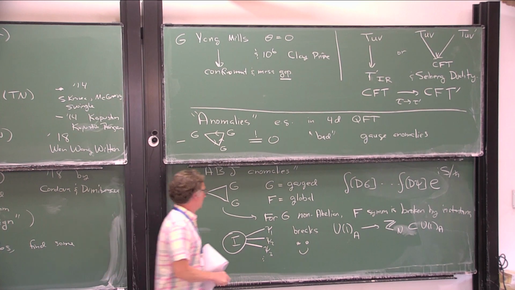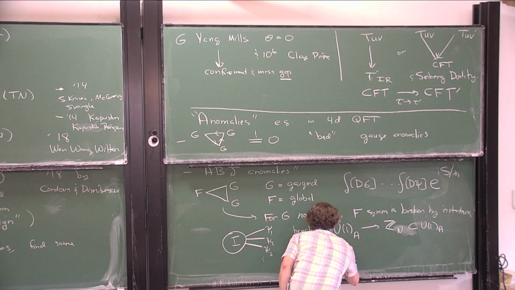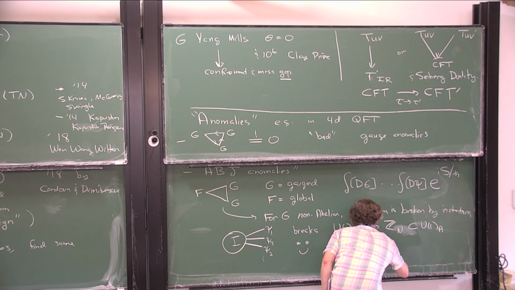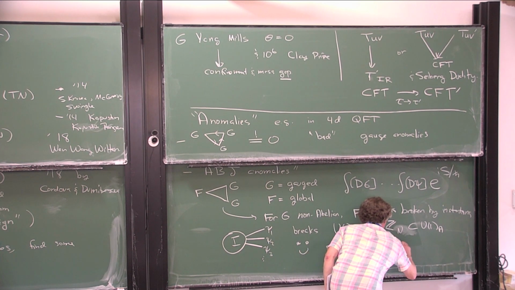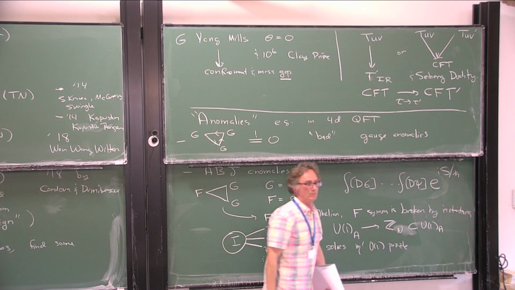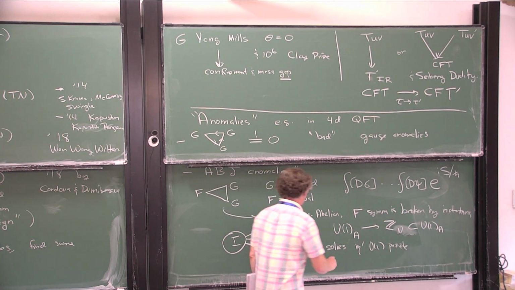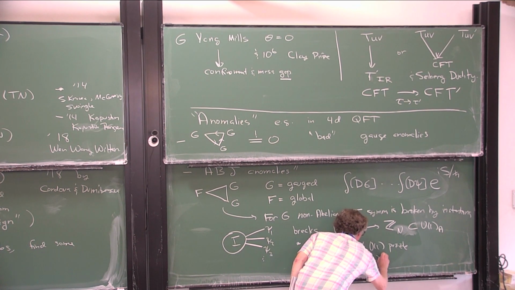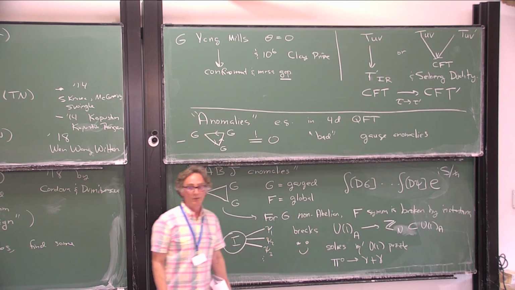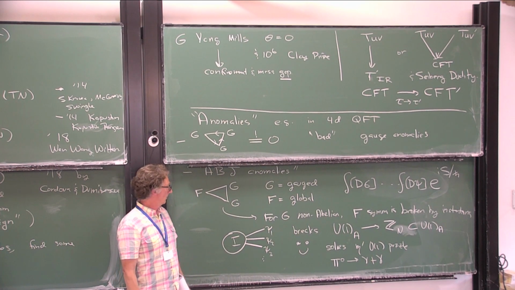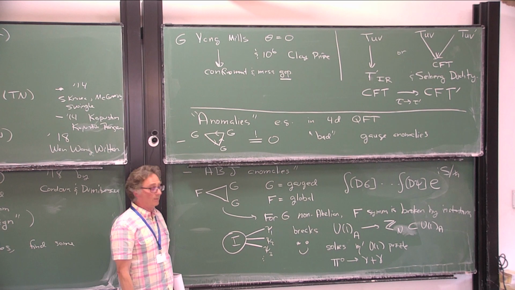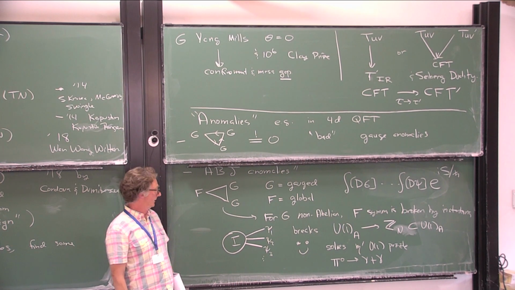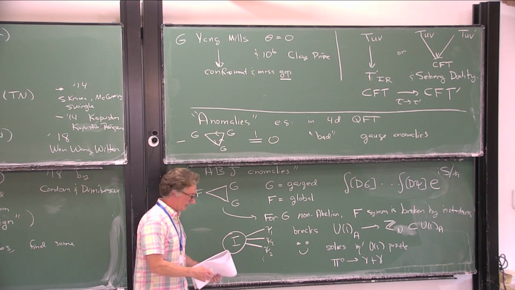And so this solves the eta prime U(1) puzzle. It explains why we don't see this extra pion. It also helps understand the decay of pi 0 to 2 photons, which I know that Shu Heng will talk about next week in the context of these non-invertible symmetries. So it does lots of good things.